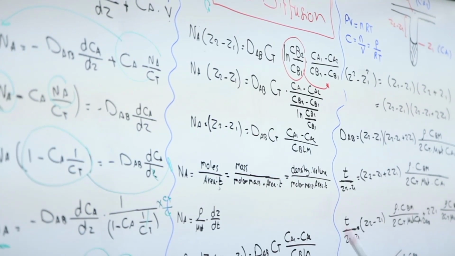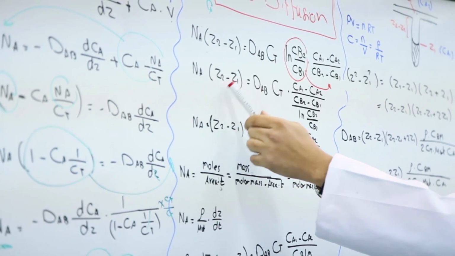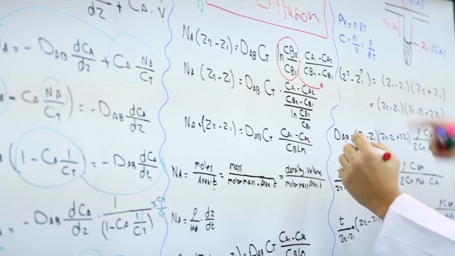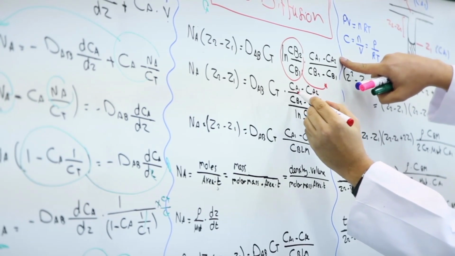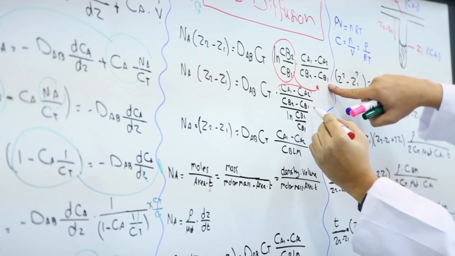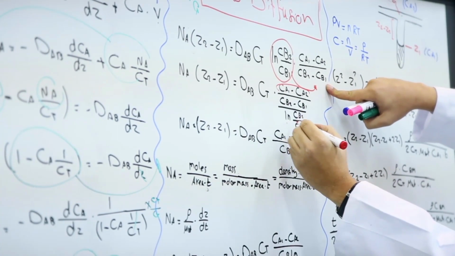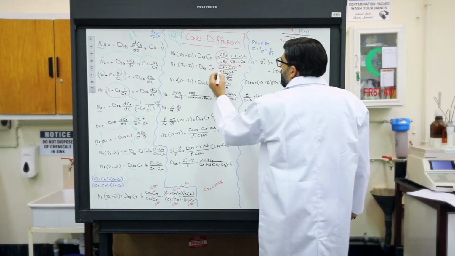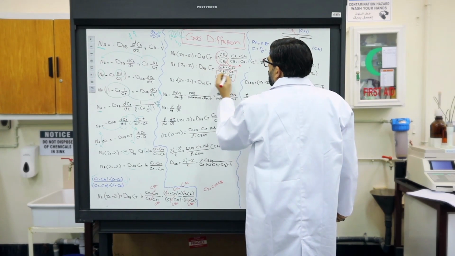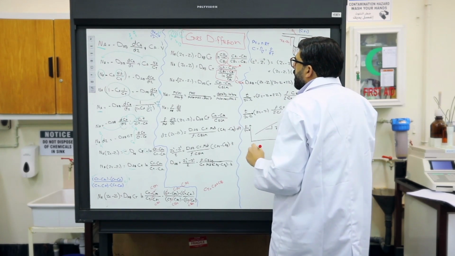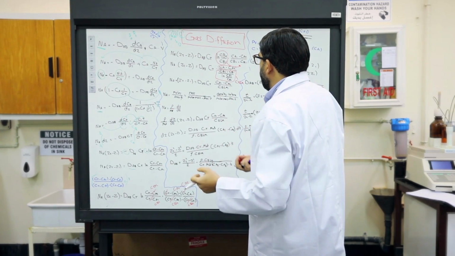So N_A (Z2 minus Z1) over the diffusivity of A to B times C_T will be equal to (C_A1 minus C_A2) over [(C_B2 minus C_B1) over ln of C_B2 over C_B1]. This part from the definition is C_BLM, the logarithmic mean of bulk B.